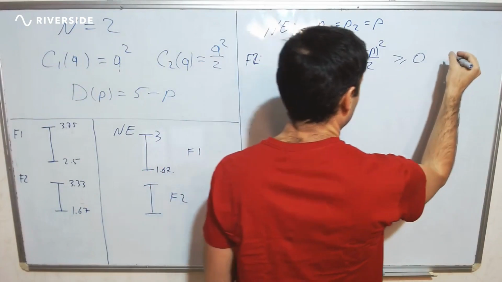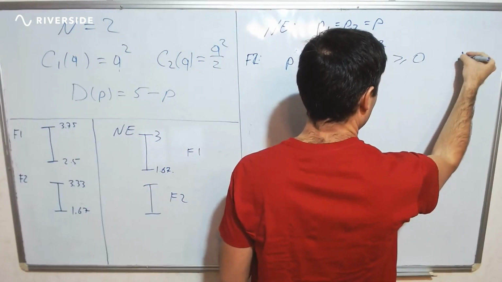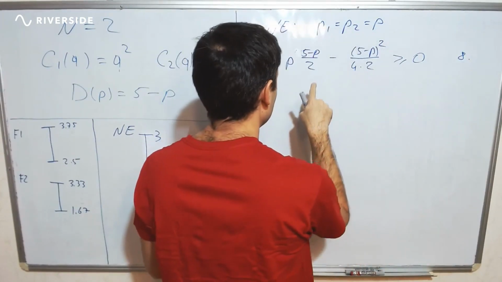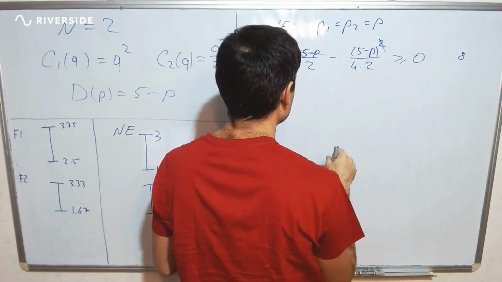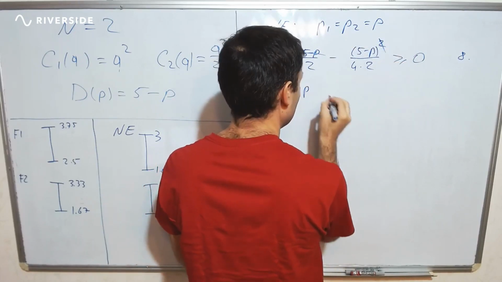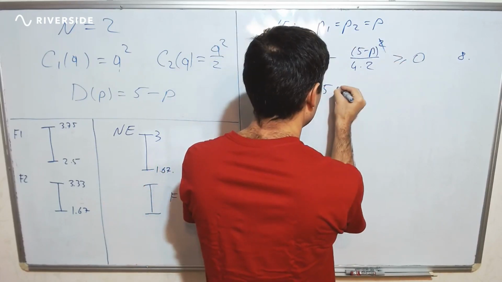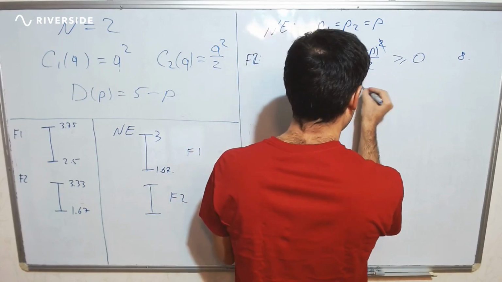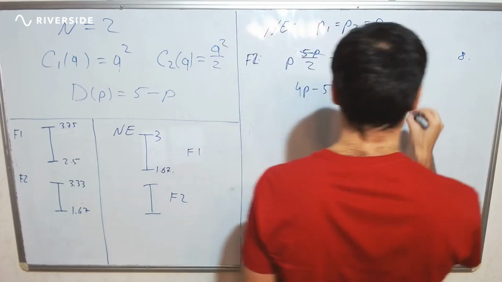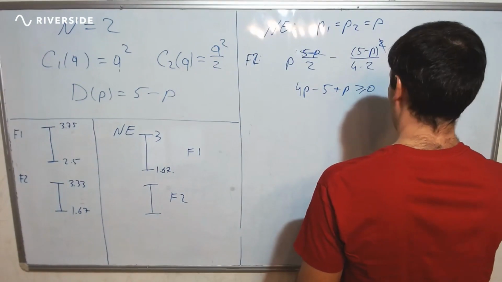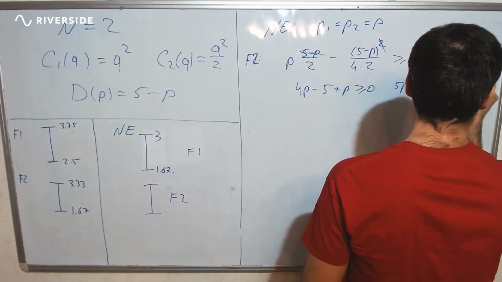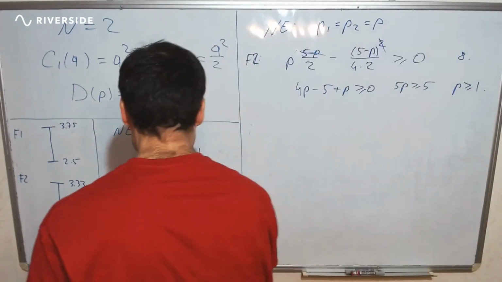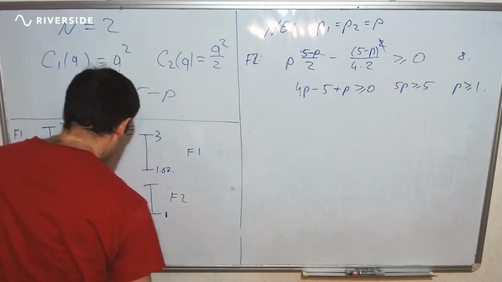Therefore, let's divide by 5 minus p and multiply everything by 8 as well. So we cancel this, we cancel this. We get 4p minus 5 plus p. And then 5p, so it has to be 5p greater than 5. P has to be greater than 1. So for firm 2, similar story.